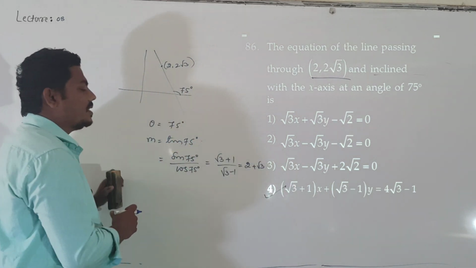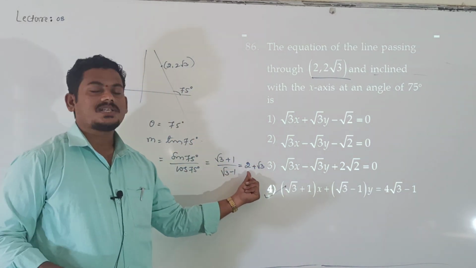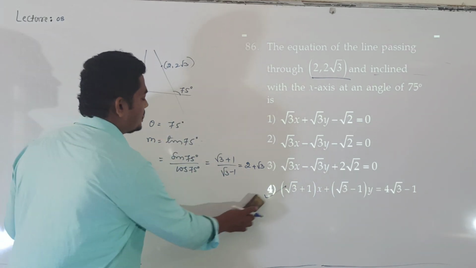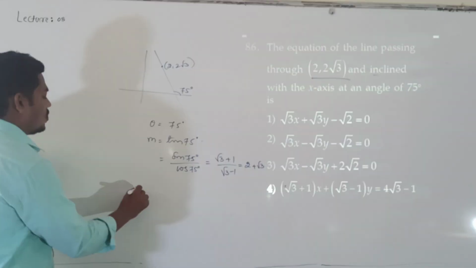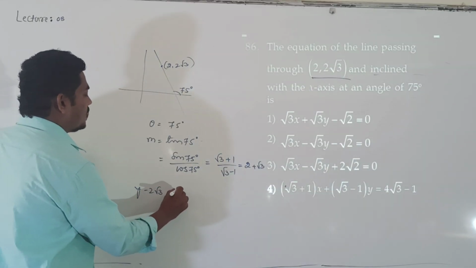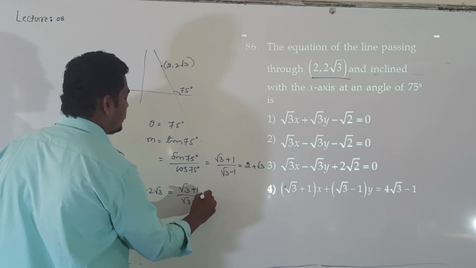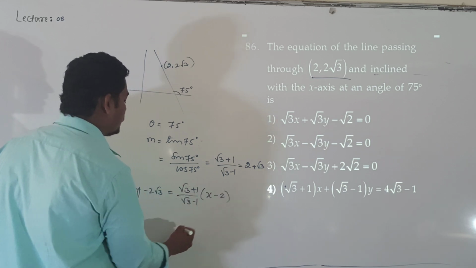Both are one and the same, but in the given options, 2 plus root 3 is not given, so just consider root 3 plus 1 divided by root 3 minus 1. Now use the equation y minus 2 root 3 is equal to m value root 3 plus 1 divided by root 3 minus 1 into x minus x1, right?